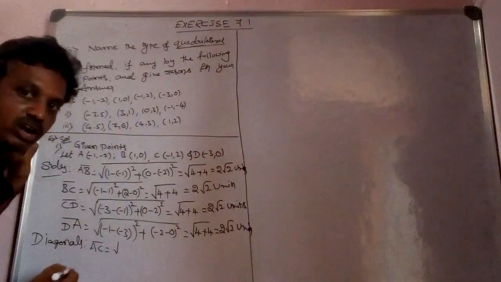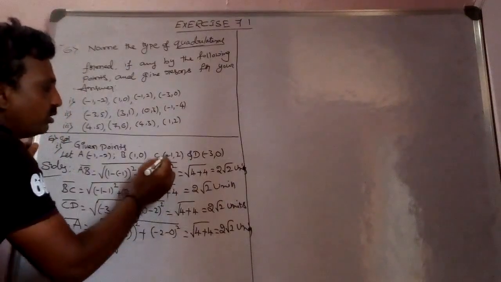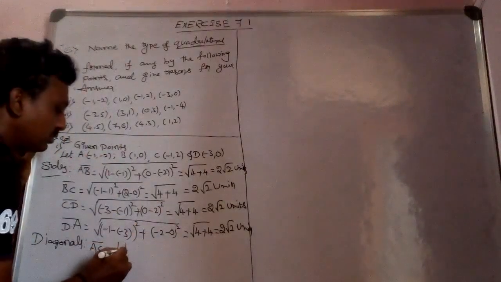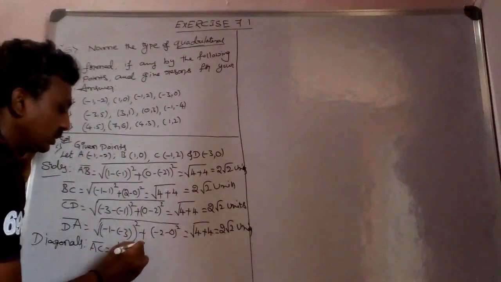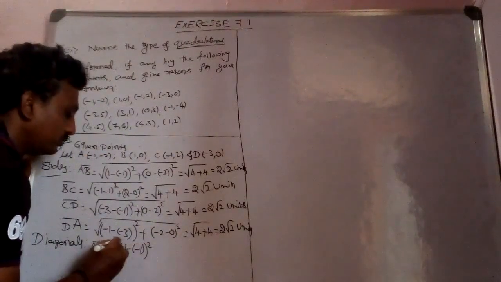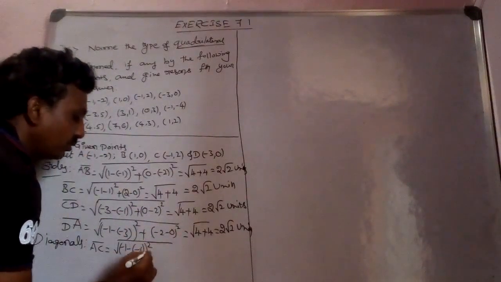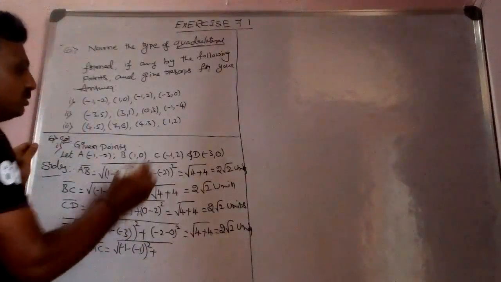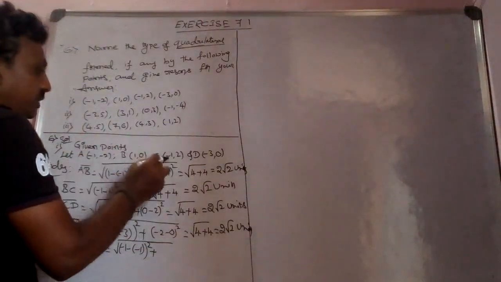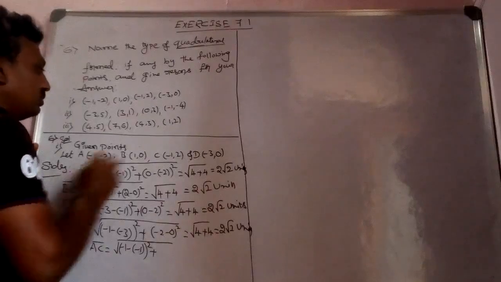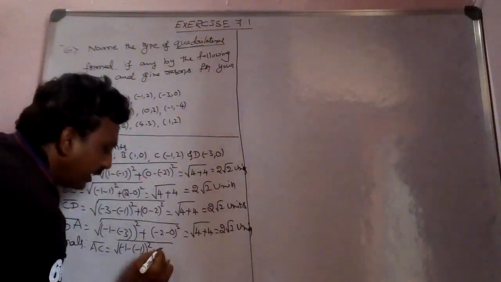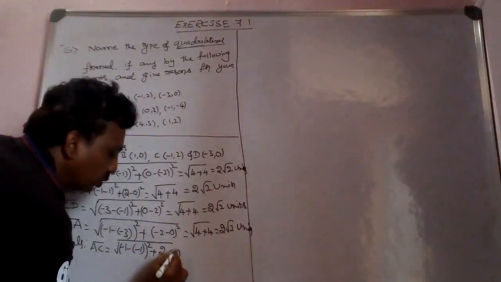Square root of (-1 minus (-1)) whole square plus (2 minus (-2)) whole square.